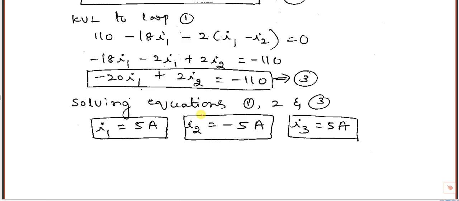So you can write minus 10, and if you simplify this, you will get 20I1 minus 2I2 is equal to minus 110, or 20I1 minus 2I2 is equal to plus 110. Both will be correct, because multiplying by negative gives the same answer. Write the 3 equations, and if you solve, you will get these answers.